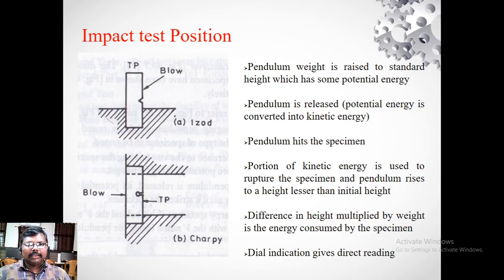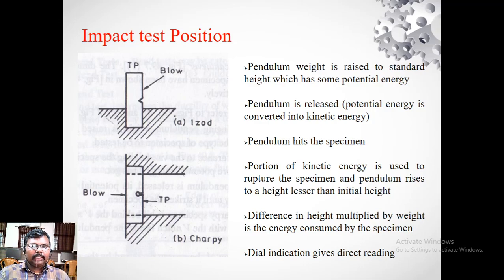In the impact test, the pendulum weight is raised to a standard height, which gives it some potential energy. When the pendulum is released, the potential energy is converted into kinetic energy.